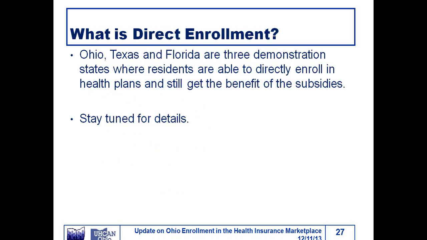Now, there's something that's happening right now called direct enrollment. Ohio, Texas, and Florida were chosen to be three demonstration states where residents could directly enroll in health plans and still get the benefit of the subsidies. They have to be marketplace plans. I think most people have heard that if you want a subsidy, you have to enroll in the marketplace.